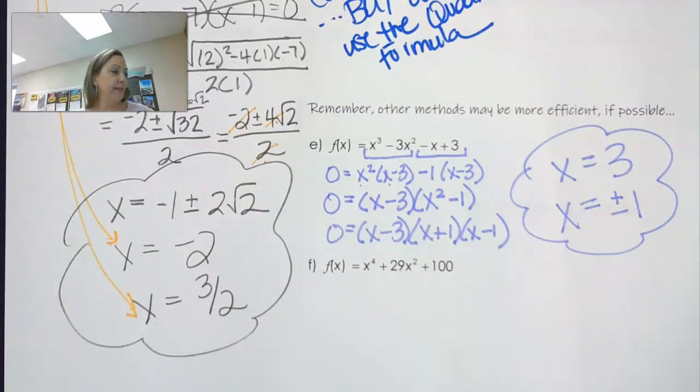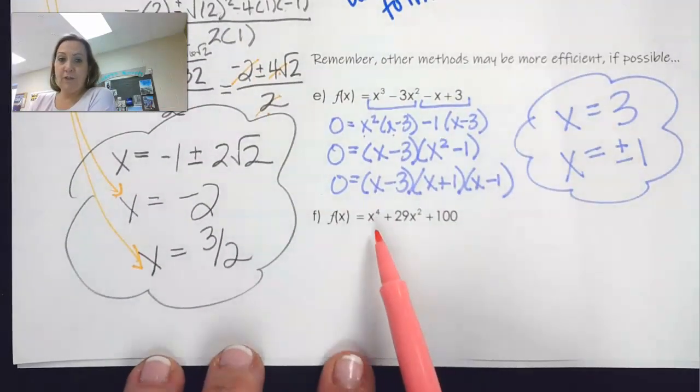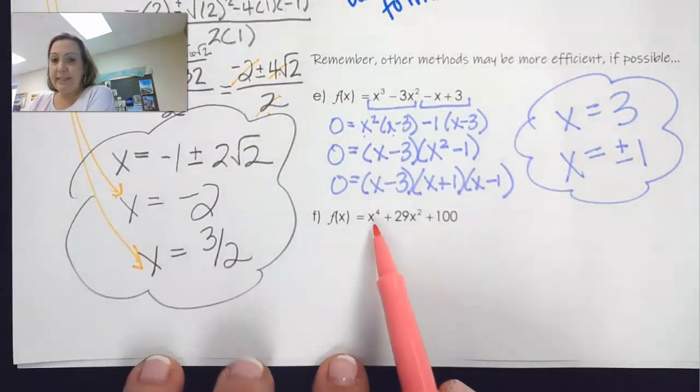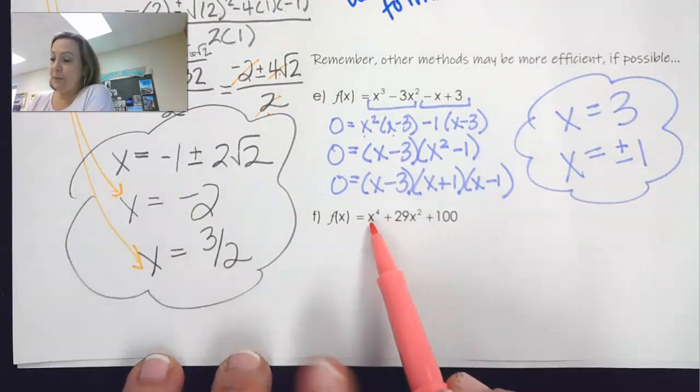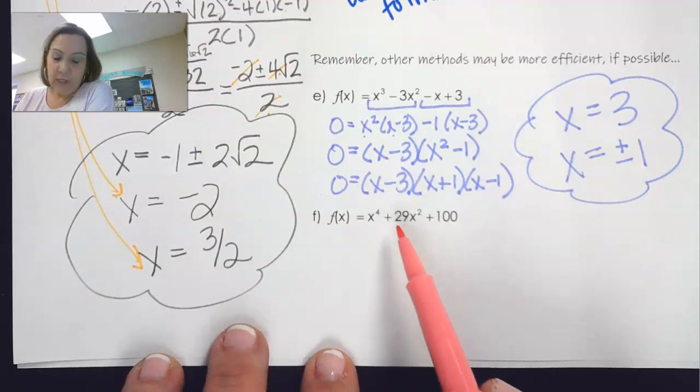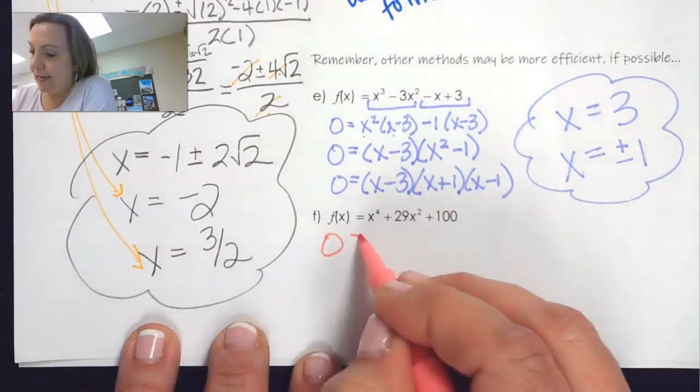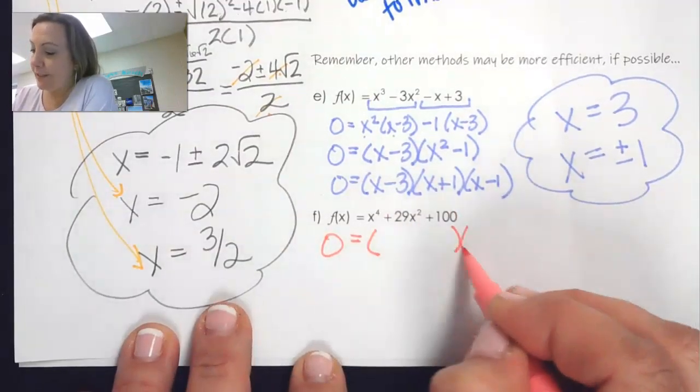I know that in letter F, I have a quartic, but should I use my graphing calculator to help? Or do you see something special about it that we could maybe use? Well, one thing that I notice is that this looks like one of those quadratic forms, where the exponent on the x to the 4th is double the one in the middle. So maybe what I could do instead is make a double bubble.